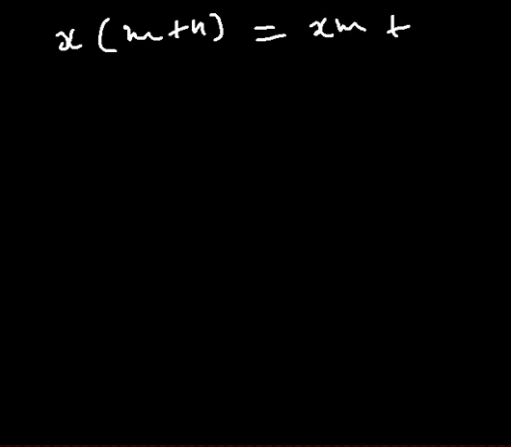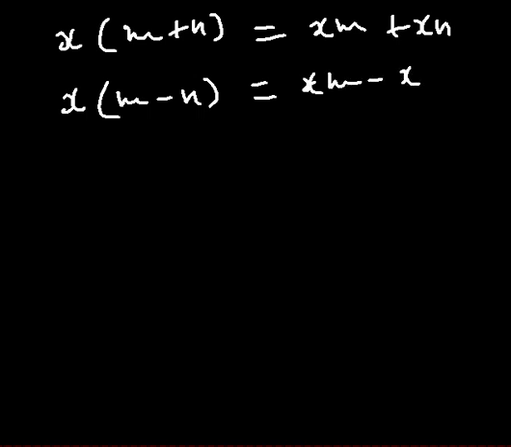Now, which means in all cases, if we have x in the open bracket, m plus n, this is the same as xm plus xn. And likewise, if we have x, m minus n, this is the same as xm minus xn.